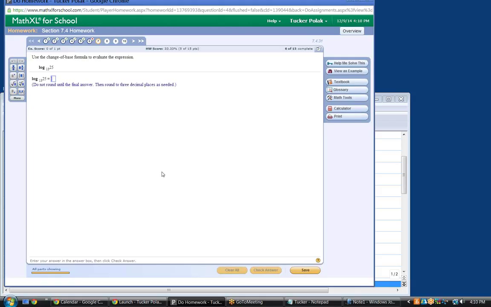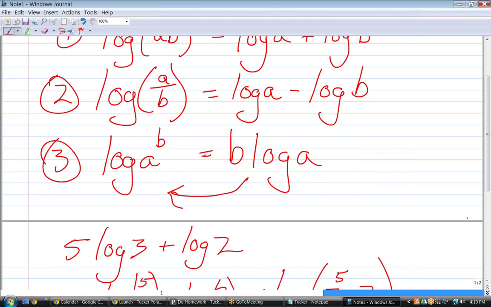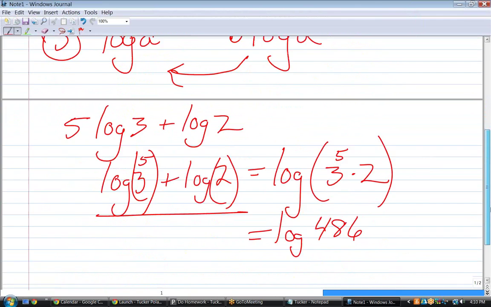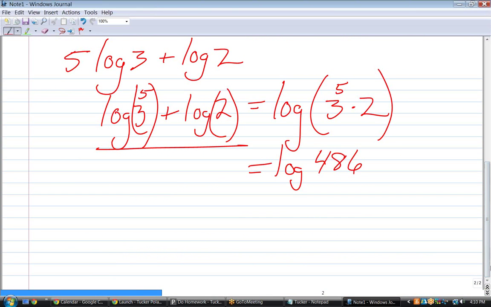Okay. Change of base formula. Not a lot that you've got to memorize with logs, but the stuff you do memorize, you want to really memorize.